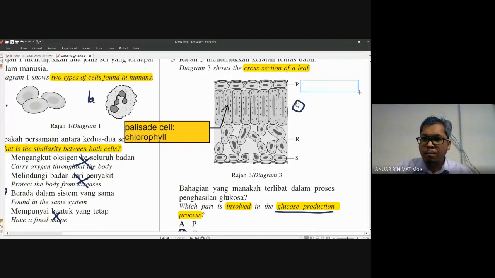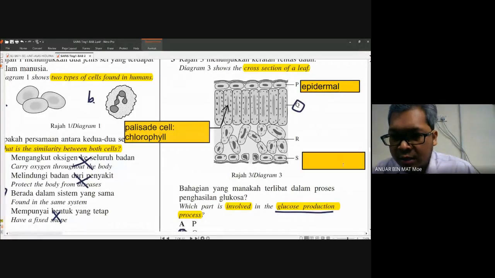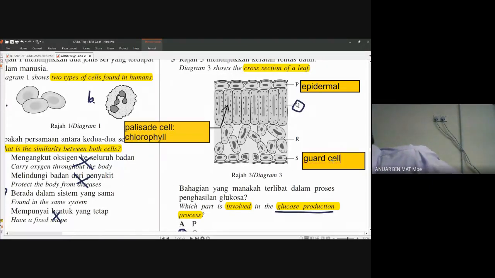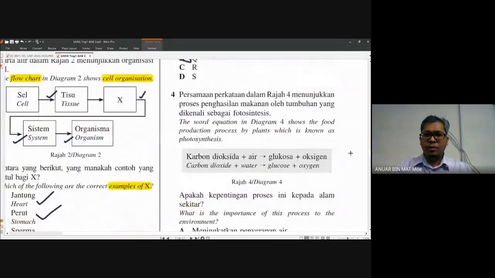And then S is guard cell. And then R is, what is R? What is that cell? Root hair cell. Root hair cell is underground, di bawah, di dalam tanah, inside the soil. So question number 3 is B, right.